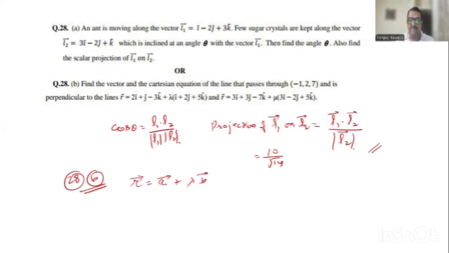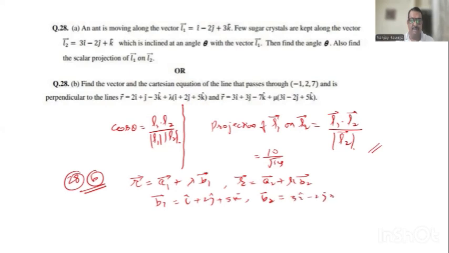Here two equations are given, so we take the equations as R equals vector A1 plus lambda times vector B1. Then the other line is R equals A2 plus mu times vector B2. Now, if I compare the given equations with this formula, I'll get to know that B1 is equal to i cap plus 2j cap plus 5k cap. You can compare the two straight away and you'll get the values of B1 and B2. B2 is 3i cap minus 2j cap plus 5k cap.